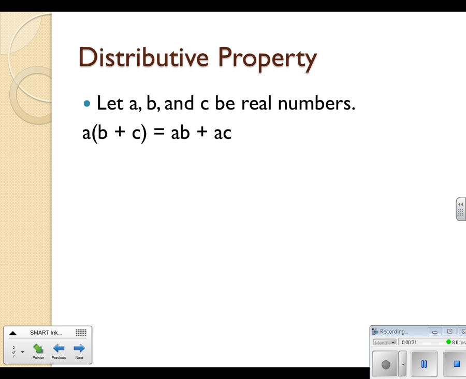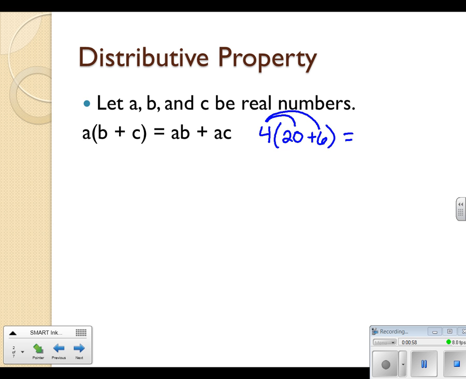And so what happens, I'm going to replace these letters with numbers here. I'm just going to pick three real numbers, let's say 4, and 20, and 20 plus 6. Now what happens here is we take the 4 and we distribute the 4 to both of the terms inside the parentheses.